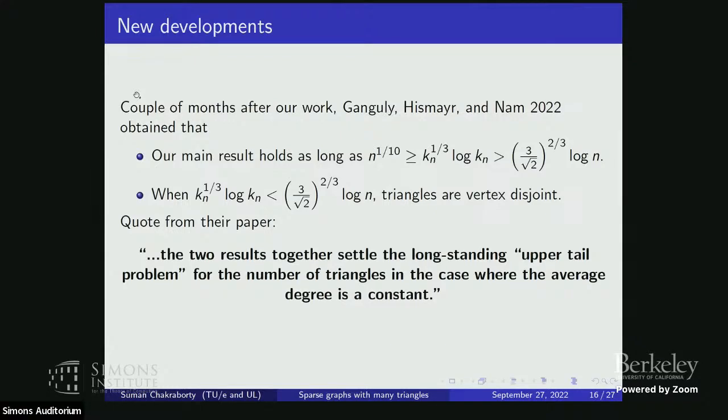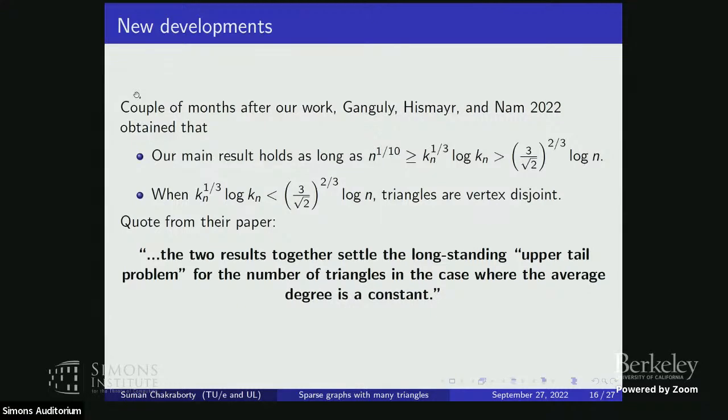So our result is from log n cubed, but they go down to n to the power 1/10 over log n. So in this region, similar answers hold. And when this does not hold, then basically they showed that the triangles are basically vertex disjoint. So the Poisson approximation holds. So these are two regimes, and these two regimes are completely described.